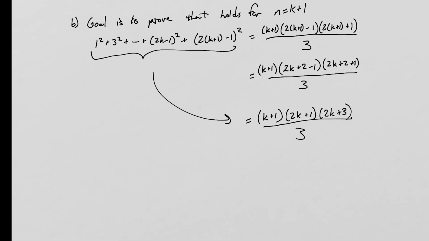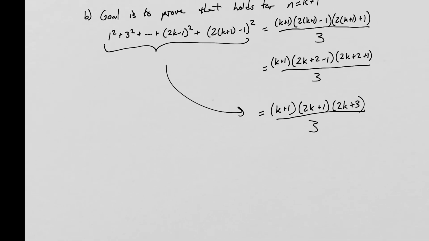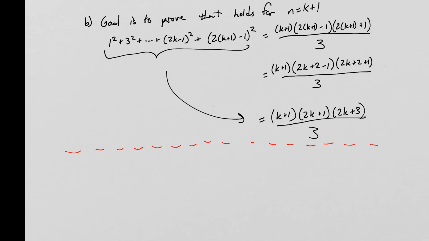So to do that, we're going to do the following. We're going to draw a line, and I think you guys should do this as well on your own. And you should be taking notes with this as though it was regular class and you're writing everything down. Okay, so we have 1 squared plus 3 squared plus ... plus 2k minus 1 squared plus 2 times k plus 1 minus 1 squared.